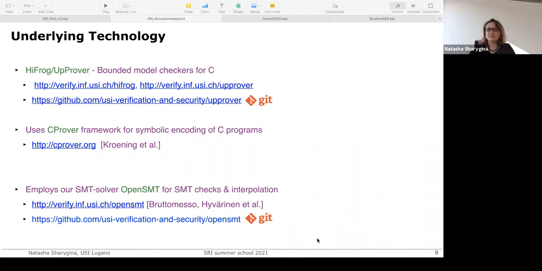So let me clarify first. I said that OpenSMT, our SMT solver, is a proof-producing tool now. And our future goal is to integrate it with the model checkers to have proof certification for the model checking tasks. That has not been done yet. But on the SMT level, it's done. We have a DAC paper from 2021 with all the details about it.